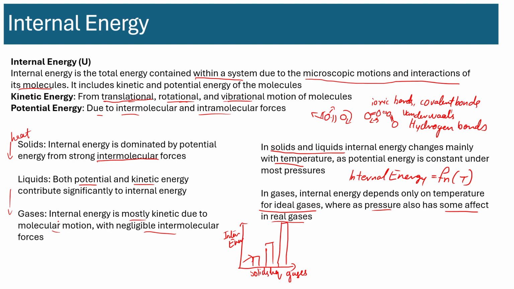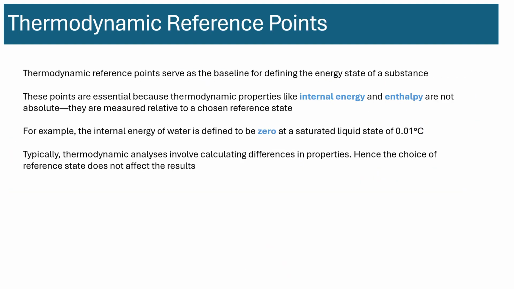Before we use CoolProp, the other question is, what is the reference point for internal energy? If you look at water at some temperature T, it might have an internal energy value of, let's pick a number, 2000 kilojoules or something.